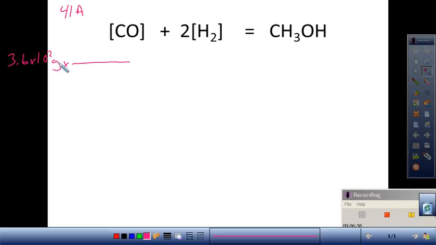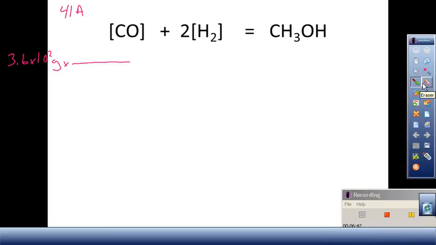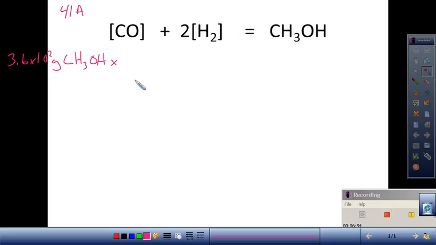But anyways, I don't want grams. I do want to put the formula up here. Okay, sometimes that's important. So I have grams of my methanol, and I don't want grams of methanol, so I'm going to put it down here to cancel it.